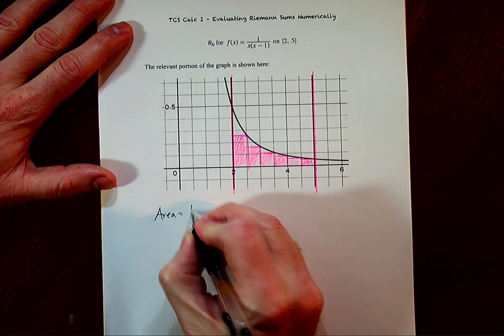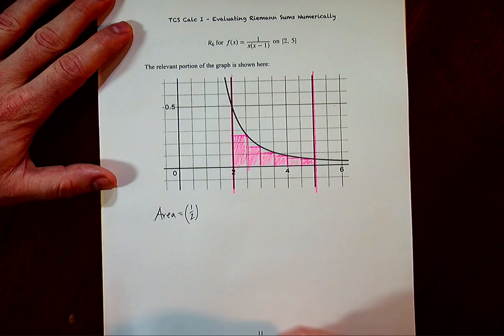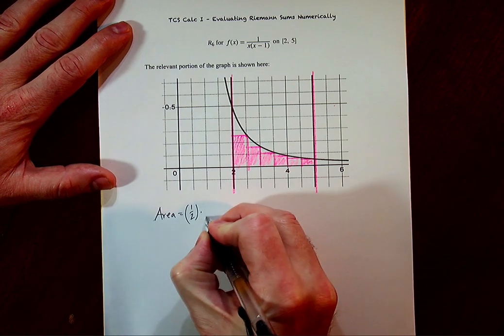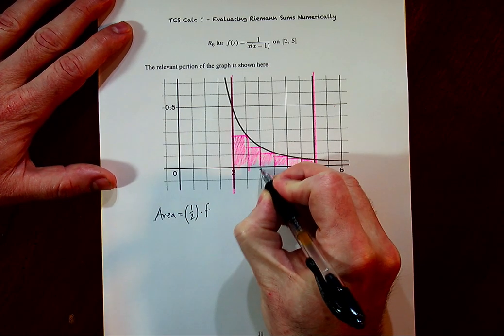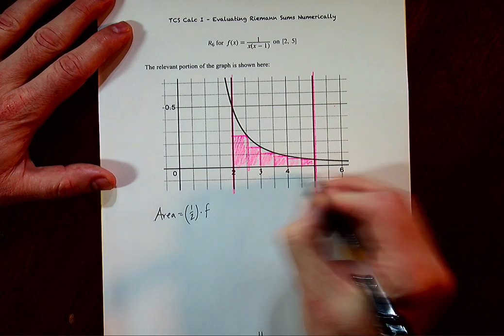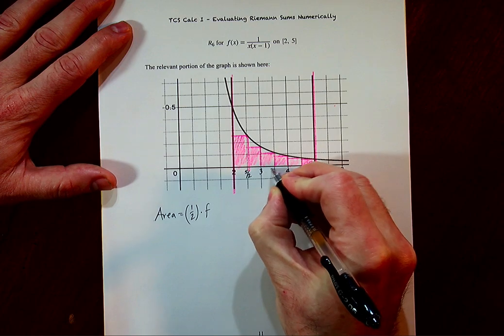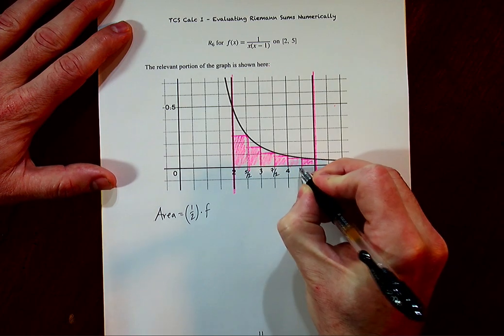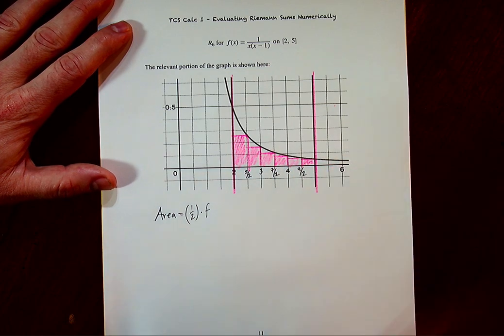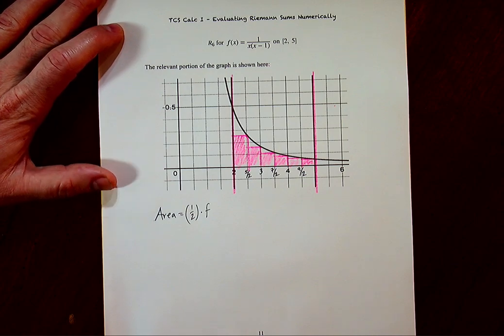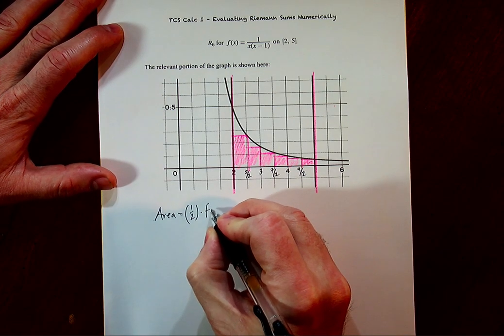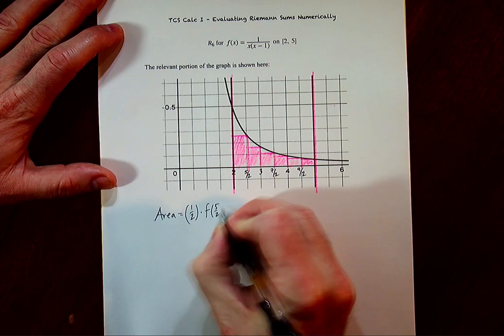I know that that first rectangle is 1/2 times the function at, well, if this is 3, 2, 3, 4, and 5, at 2, this is going to be 5/2, this is going to be 7/2, this is going to be 9/2, and I can use those as my inputs, right? Because I need 1/2 times f of 5/2.